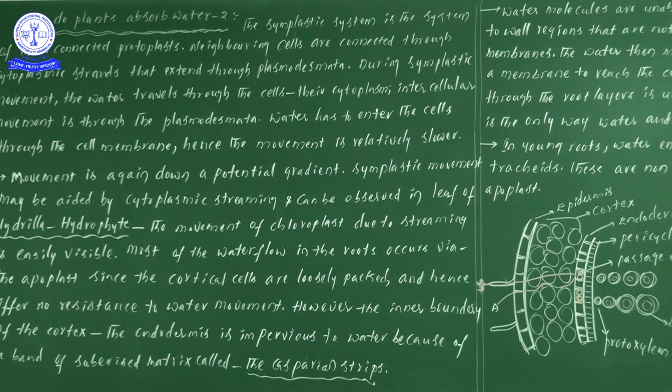The cell wall of endodermal cells is made up of suberin, but the cell wall of passage cells is made up of cellulose, hemicellulose and lignin, like normal plant cells. Thereby passage cells help in the translocation of water and minerals. I hope you understood.